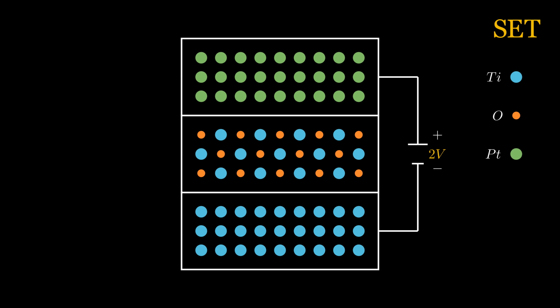A power supply is introduced where a positive voltage is applied to the top electrode and a negative voltage to the bottom electrode. The applied voltage is around 2 volts. In spite of such a low voltage, because of the nanometer scale thickness of the film layers, the working electric field is very high.